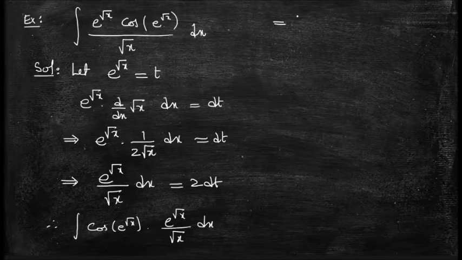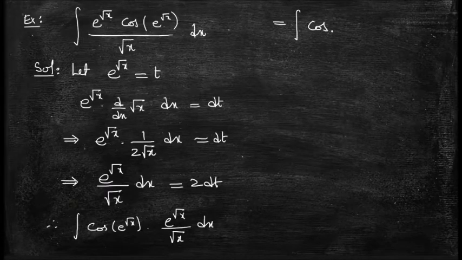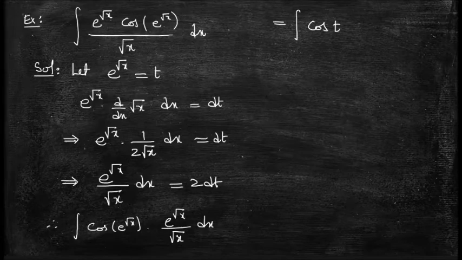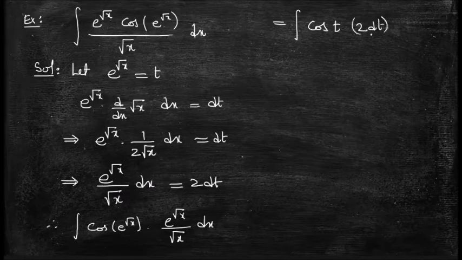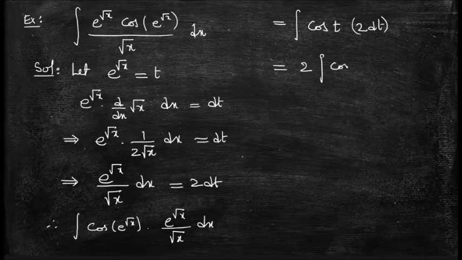Now, in cos e power root x, I have supposed e power root x as t, so I replace it with t. E power root x by root x dx is equal to 2 dt, so I can change it. 2 I can take outside: integration of cos t dt.